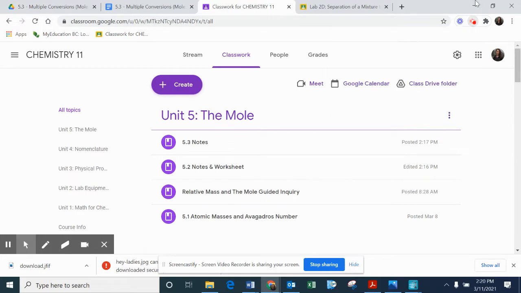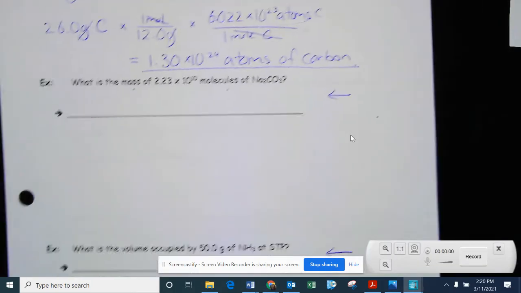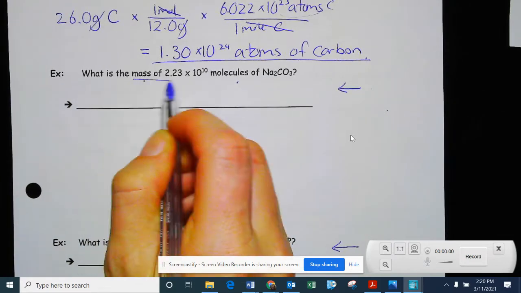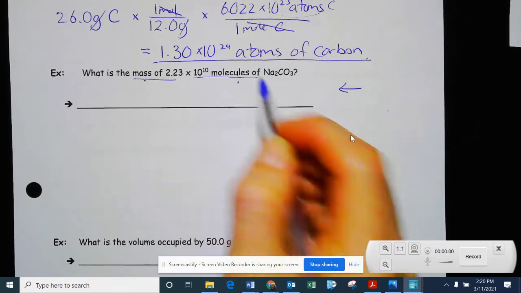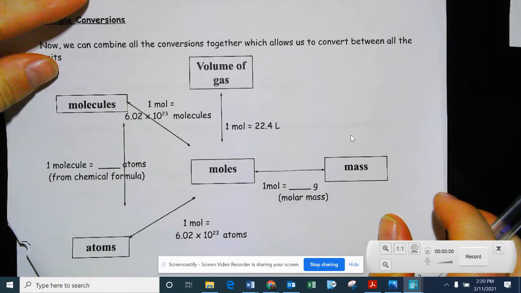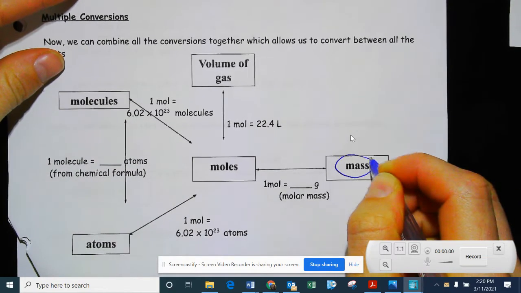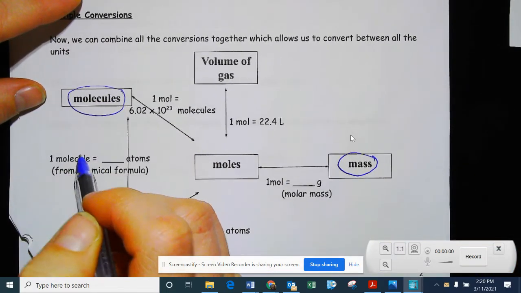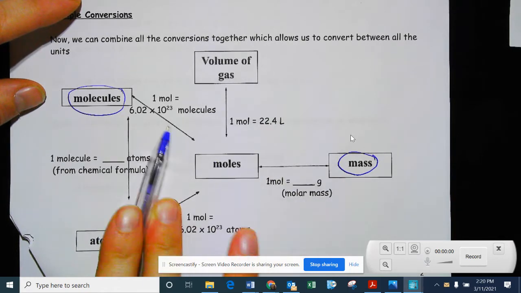All right. So this next example is asking us what the mass of this many molecules is. Okay, so if we look at our flow chart, in this case, we're starting with mass and we're being asked to go to molecules. So we have to pass through moles here.